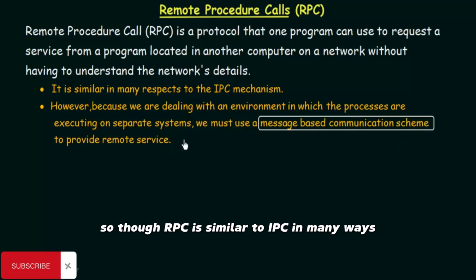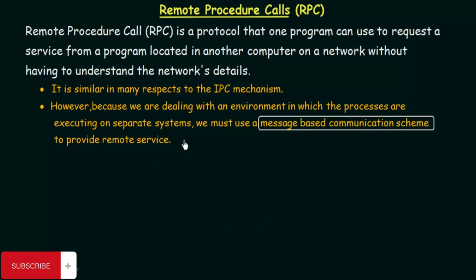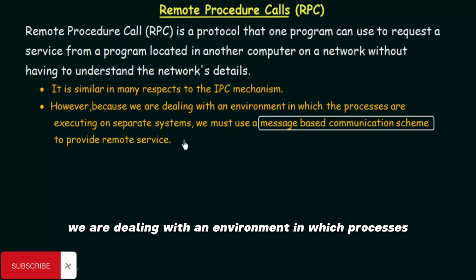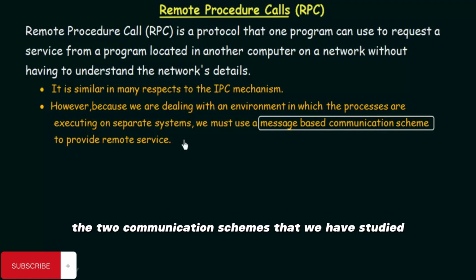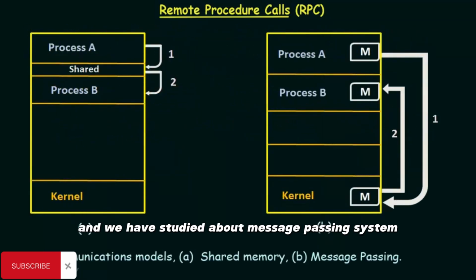So the difference is that, since in RPC processes are executed on separate systems, we need to use a message-based communication scheme. If you remember the two communication schemes that we have studied, the shared memory system and the message passing system.